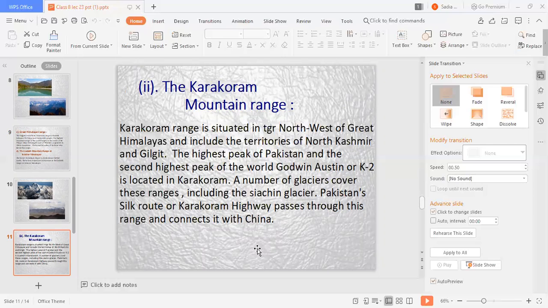Is it clear? So Karakoram range is situated in the northwest of Great Himalayas and includes the territories of North Kashmir and Gilgit.